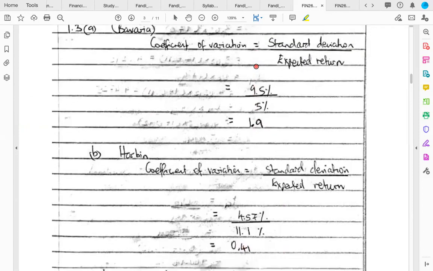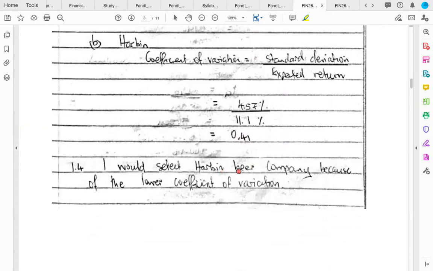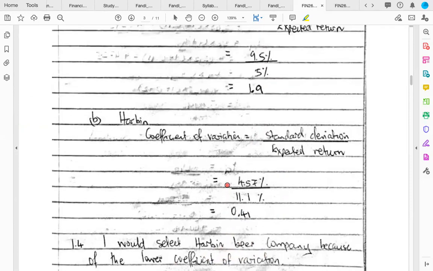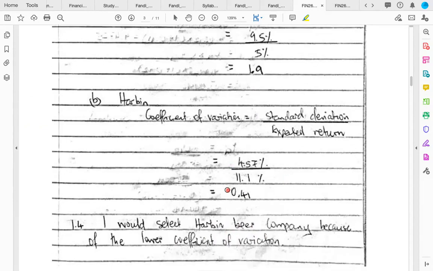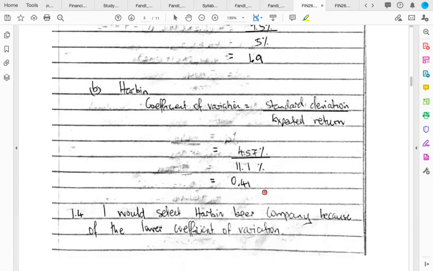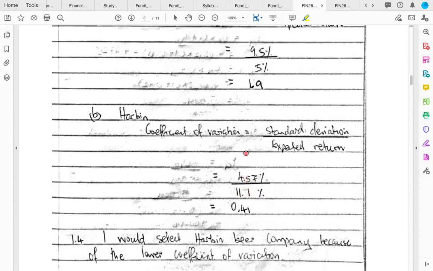And then remember, we should always select the option with the lower coefficient of variation, because it means that that particular share has less risk per unit return. So if you are a risk-averse investor, you'll be attracted to shares with a lower coefficient of variation.